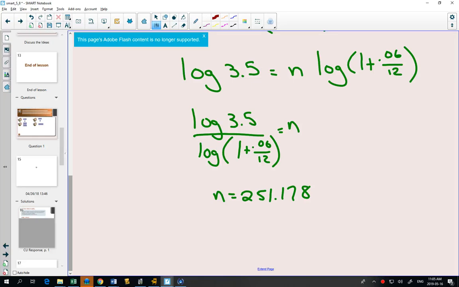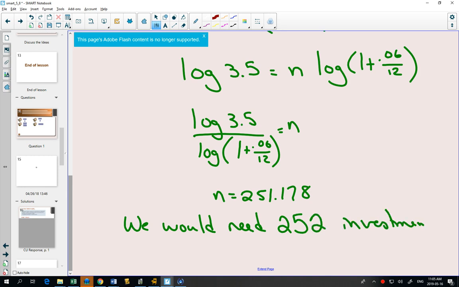Now the question asked, how many investments would we have to do to get $100,000? You can't make a partial investment. You would need to make 252 investments of $200.